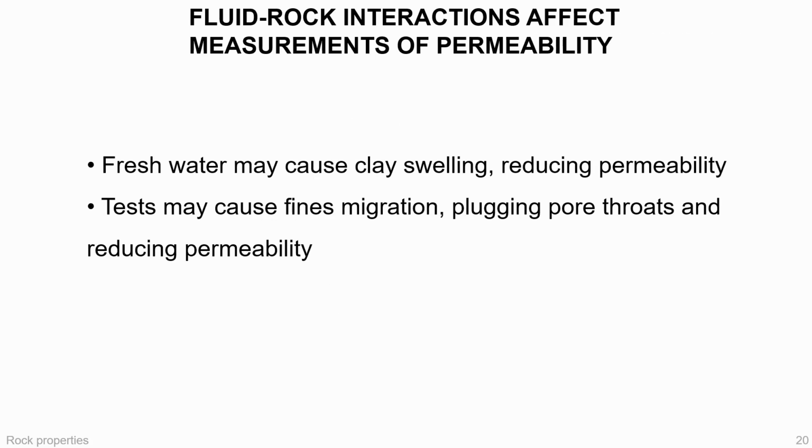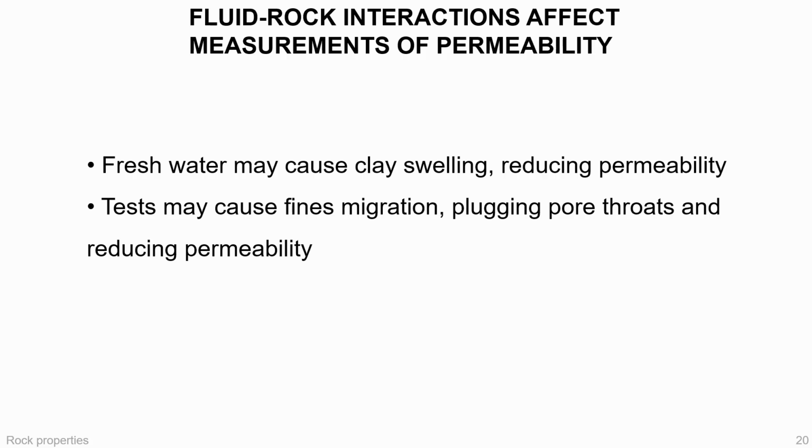Fresh water may interact strongly with clay-bearing rocks, causing clay swelling and a reduction in permeability. Flow experiments can also mobilize fine particles, which may migrate and plug pore throats. For this reason, the selection of test fluid is critical in laboratory permeability measurements.